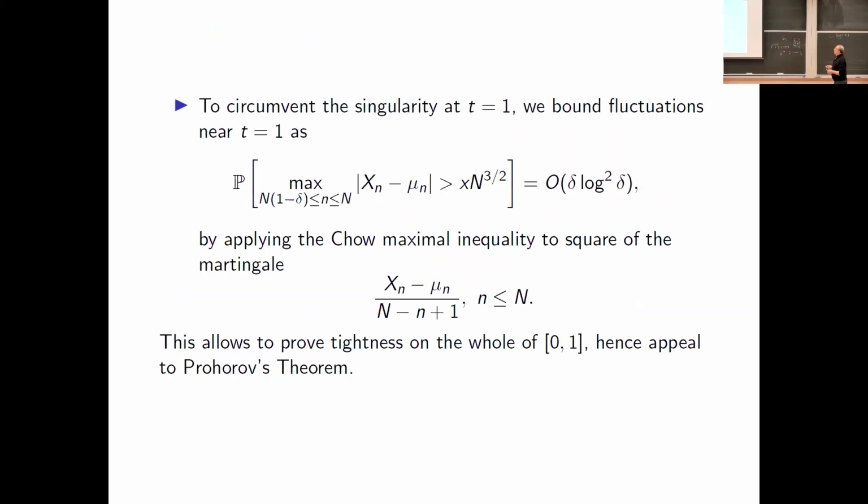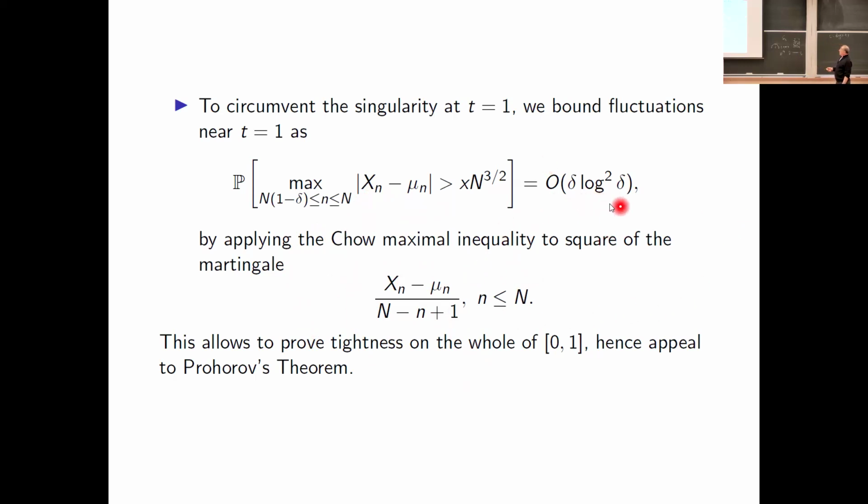And this has been done using yet another idea. It can be shown that if you center X_n, the number of edges, by subtracting the mean, and divide by this thing, then wonderfully it turns out to be a martingale. Because it's a martingale, we can take its square and get a submartingale. For this, you can apply one classic inequality, due to Doob, to show that the fluctuations near 1 can still be bounded in some way.